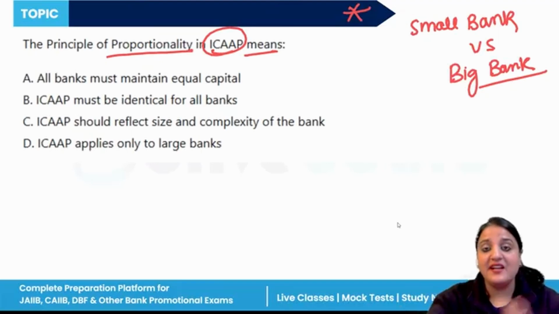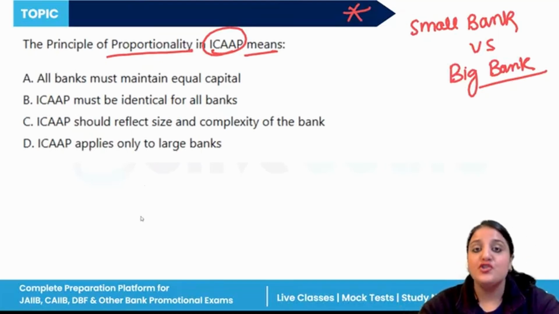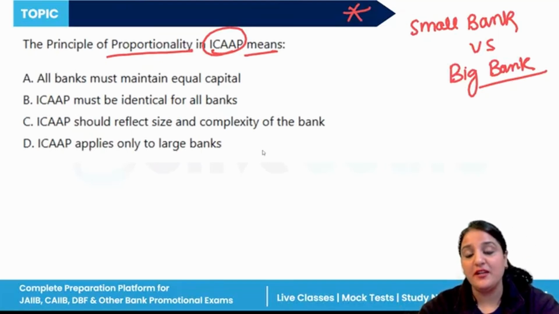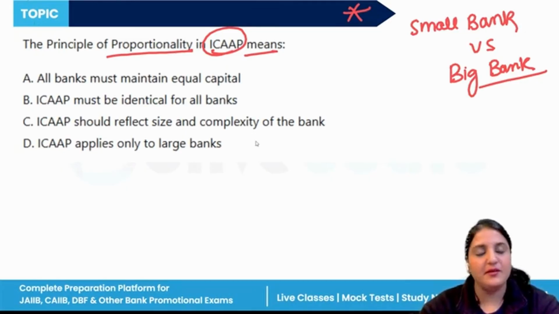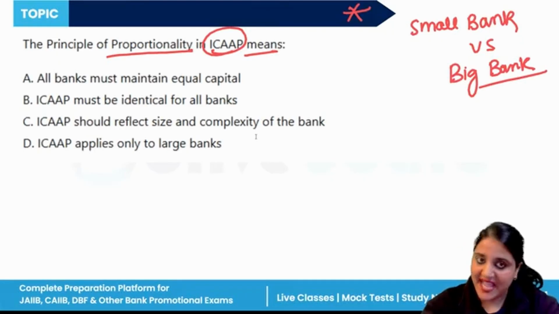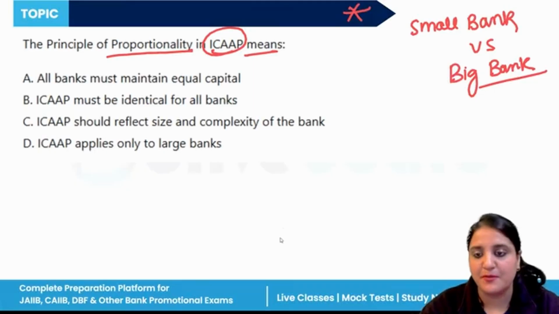Large complex bank, detailed ICAAP. So ICAAP should be proportionate to the business model, risk exposure, and the operating environment. So we can say ICAAP implementation should be proportionate to the bank size, complexity, and the risk profile.